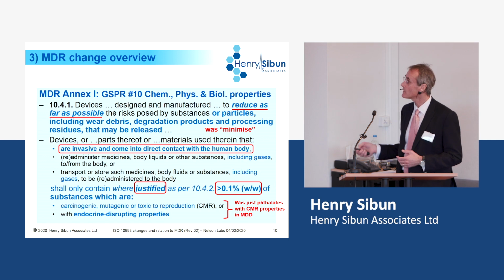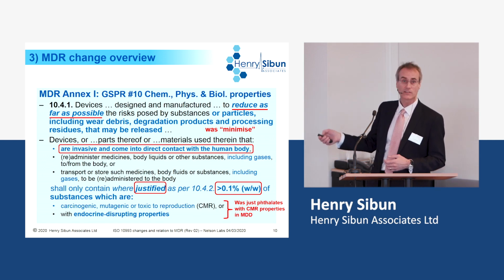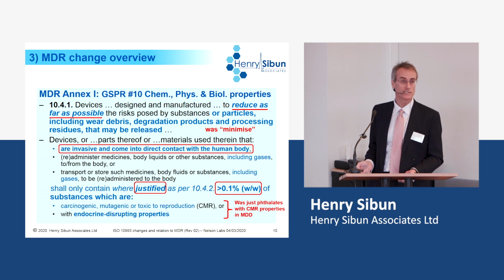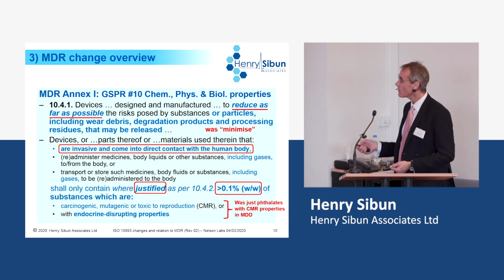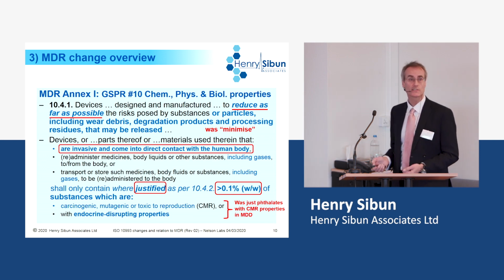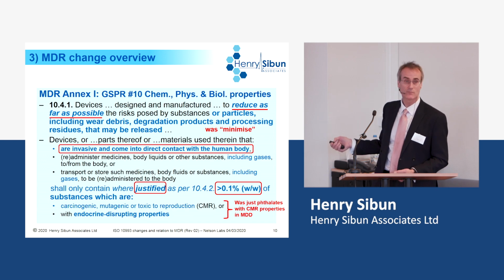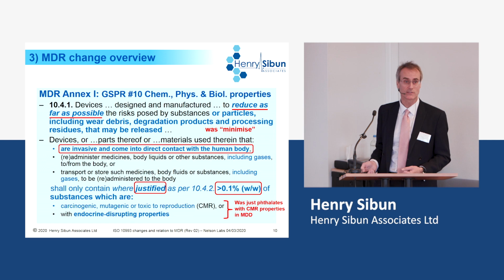So just bear in mind, if you've got devices that fall into this category, there's quite a lot of additional requirements and documentation needed. One other point, if you've got phthalates in your device, even if it's less than 0.1%, you still need to do a risk assessment of that as part of the general product risk assessment. This doesn't apply only if it's below a certain level. The detail does, but in terms of the other points, you still have to cover that.